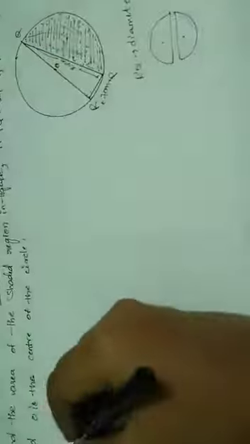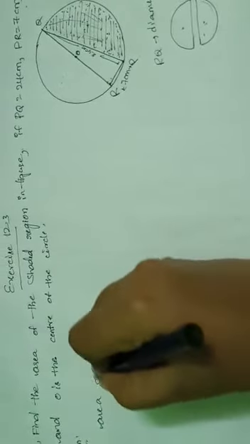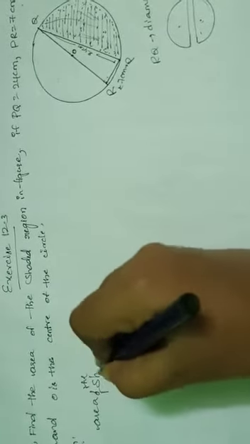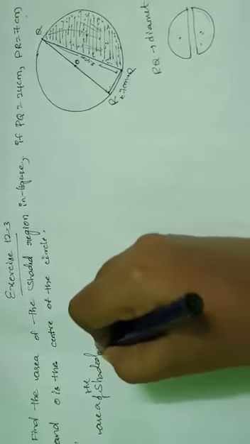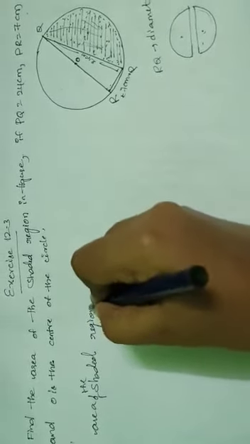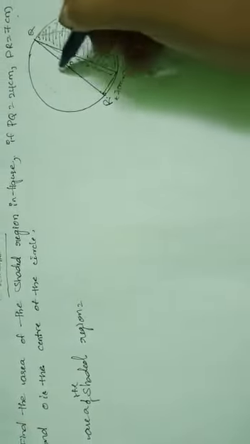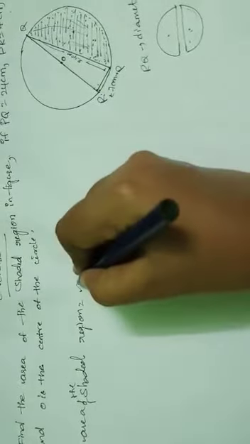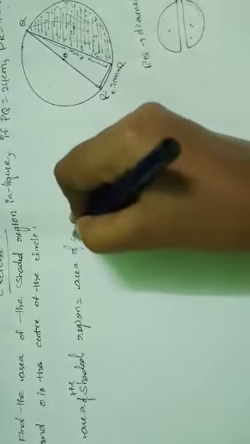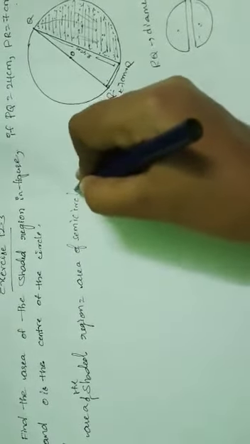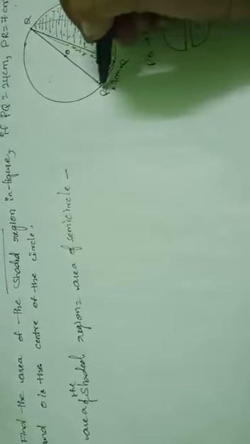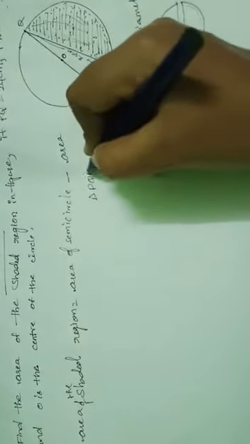So the area of the shaded region equals the area of semicircle RQP minus the area of triangle PQR, because we don't want the area of this triangle. Clear?